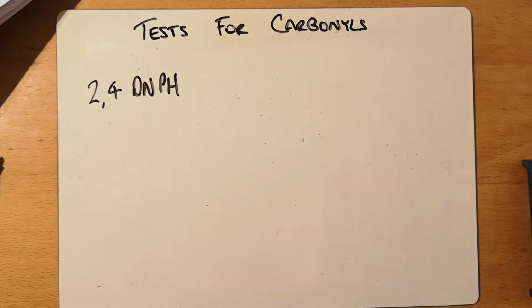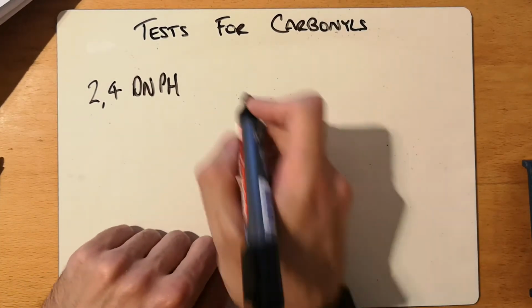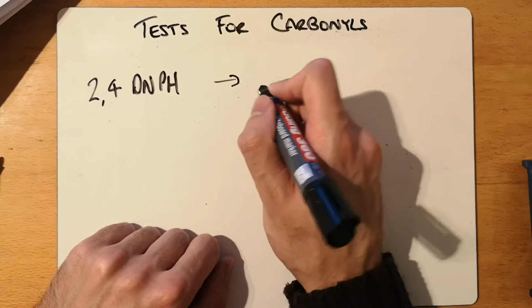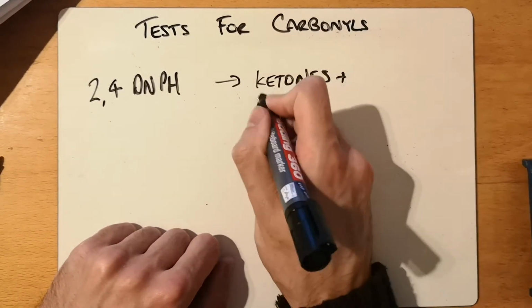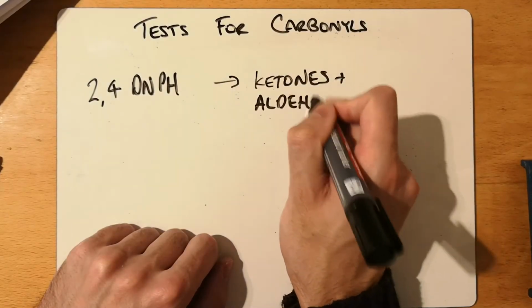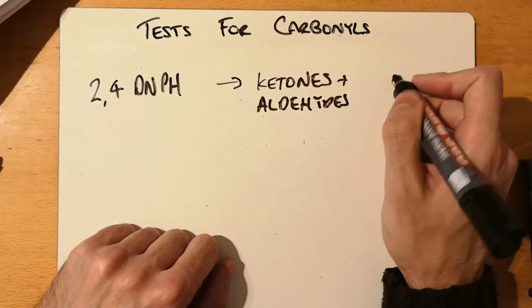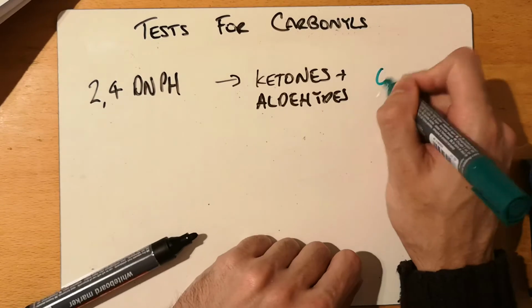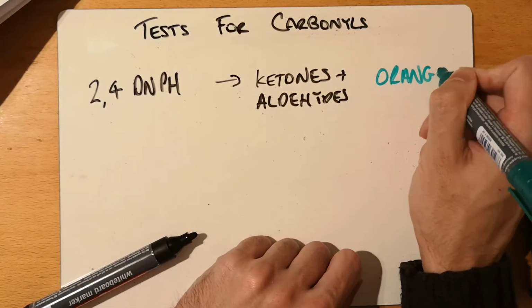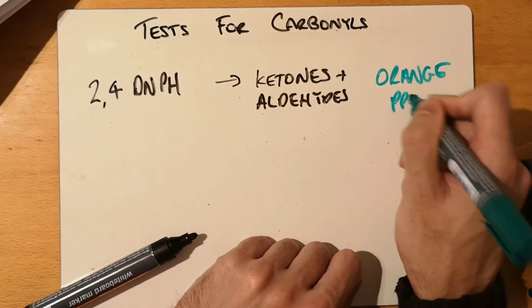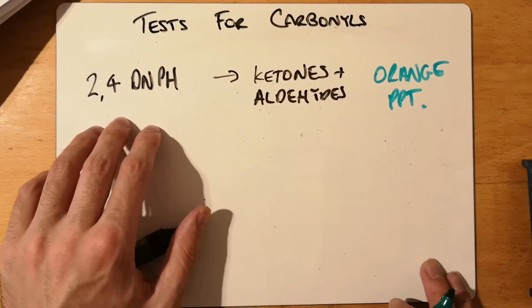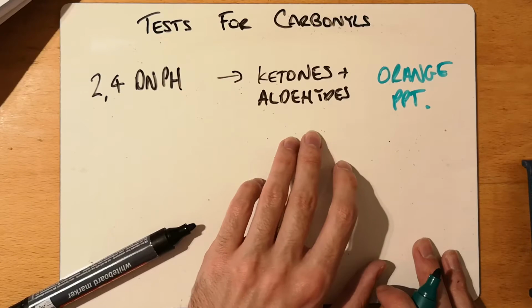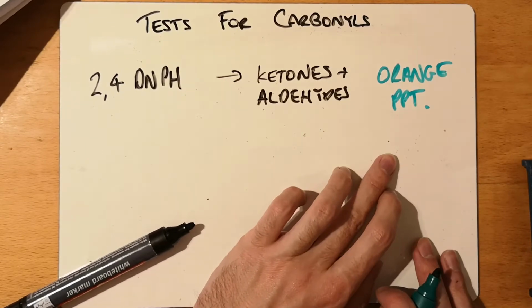If you do, fantastic, but 2,4-DNPH works for all carbonyls, both ketones and aldehydes. This forms an orange precipitate. So it's an orange solution anyway, 2,4-dinitrophenylhydrazine, but on addition to a carbonyl, you'll get an orange precipitate.